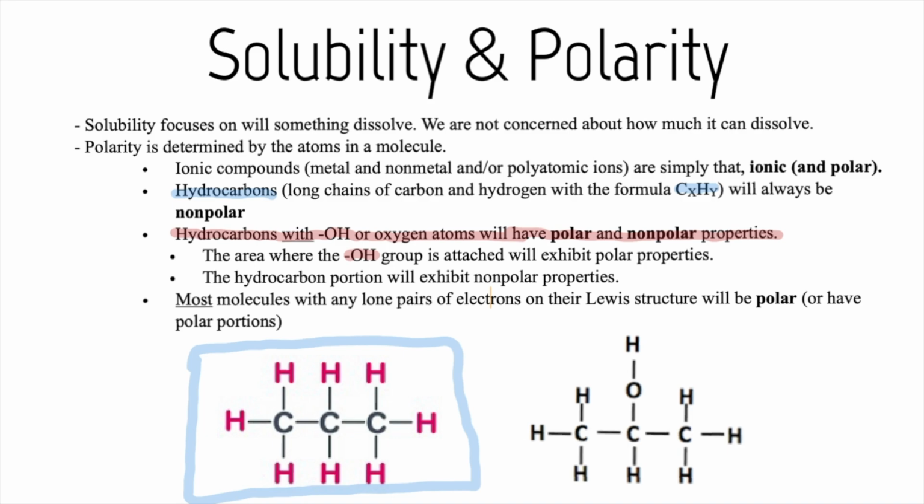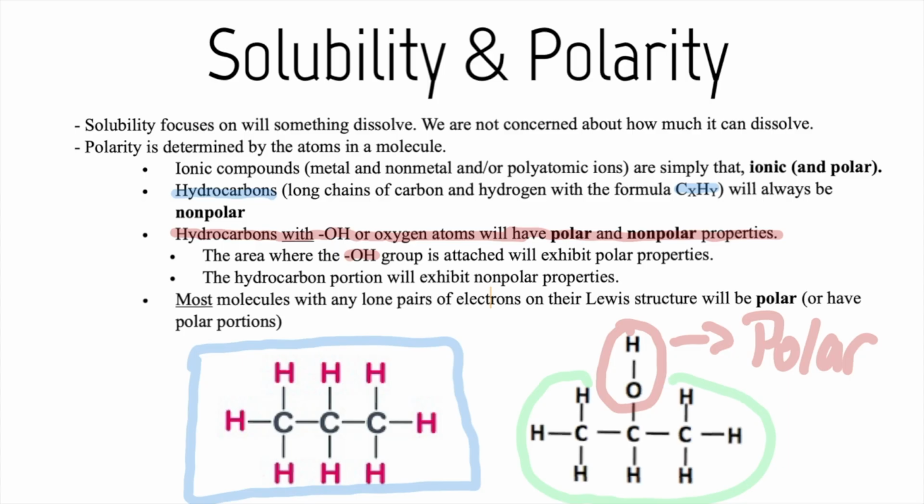So if I look down here at the bottom right, this little structure for isopropyl alcohol, we can see this OH group right here, which is going to make this region polar, right? If we drew our partial charge, if we wanted, but really just the polarity there because of that bond, right? Oxygen being relatively high electronegativity, hydrogen not as much. And then the rest is just our non-polar region.